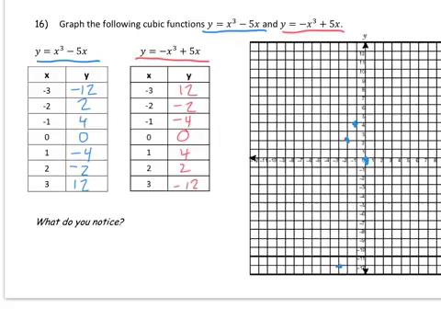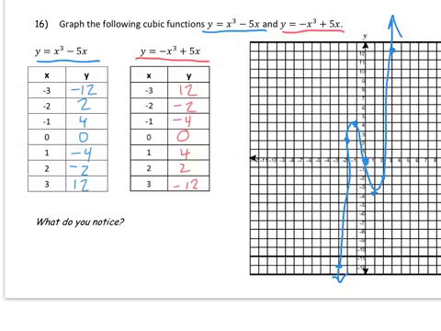And then 1, negative 4, 2, negative 2, and 3, positive 12. Connect our dots, and our cubic function looks like this.